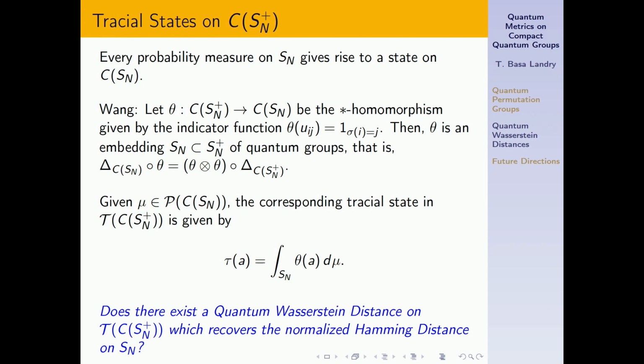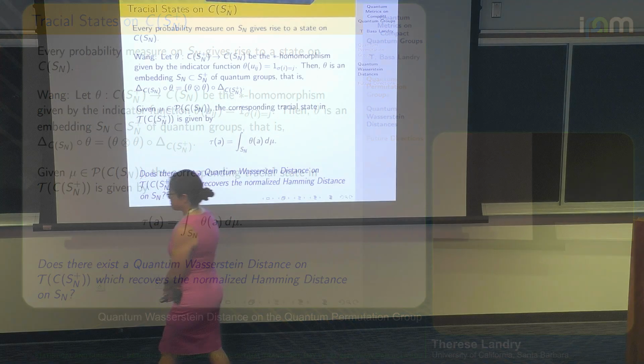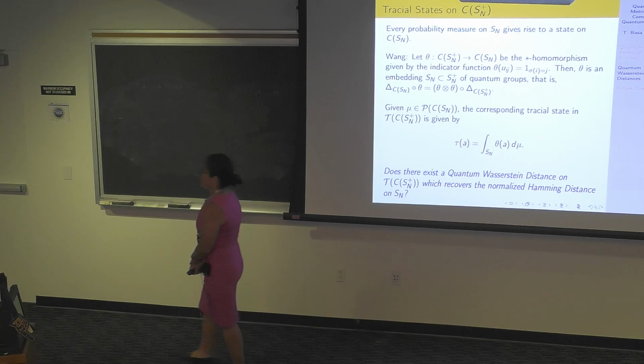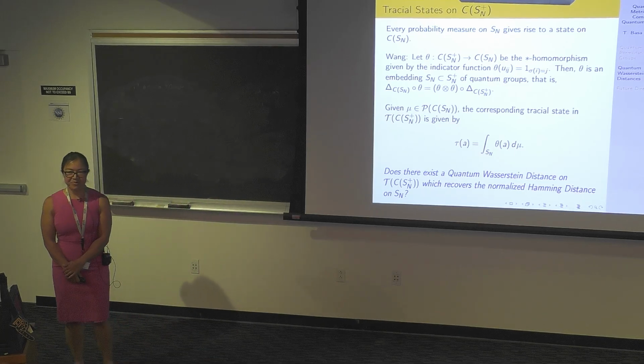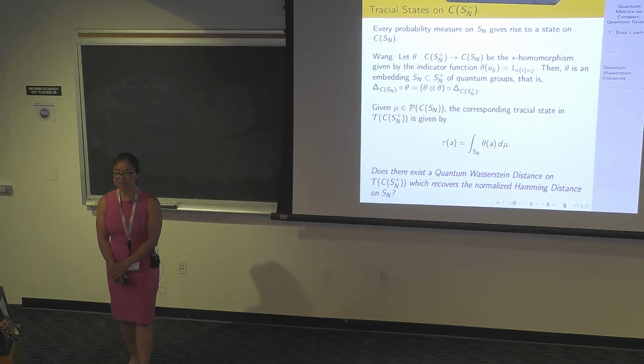And so then it was natural for us to ask: does there exist a quantum Wasserstein distance on the trace space that recovers the normalized Hamming distance? The reason we wanted to consider traces is that one of the problems with metrics and quantum metrics in general is getting the triangle inequality.